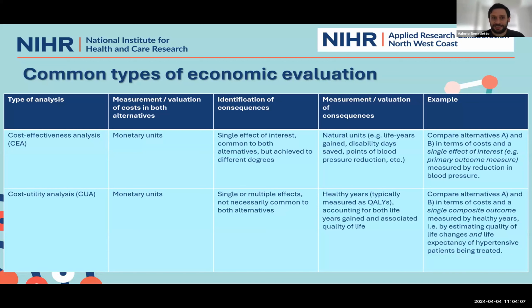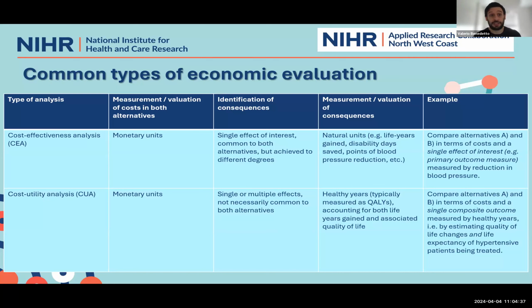Depending on the health area we're looking at, it could be cancer, it could be hypertension, it could be diabetes, there'll be some form of metric which is relevant to that particular health or disease area. Let's have a look at the example, and hopefully things will be clearer. Suppose that you're comparing alternatives A and B in terms of cost and a single effect of interest, or primary outcome measure, which is measured by a reduction in blood pressure.